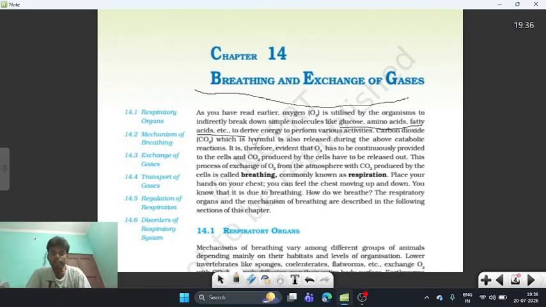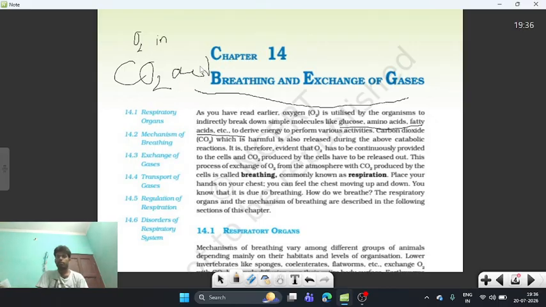Now, taking oxygen from the air and releasing the produced carbon dioxide from our body to the air is called breathing. So oxygen will be taken inside, O2 in, CO2 out.